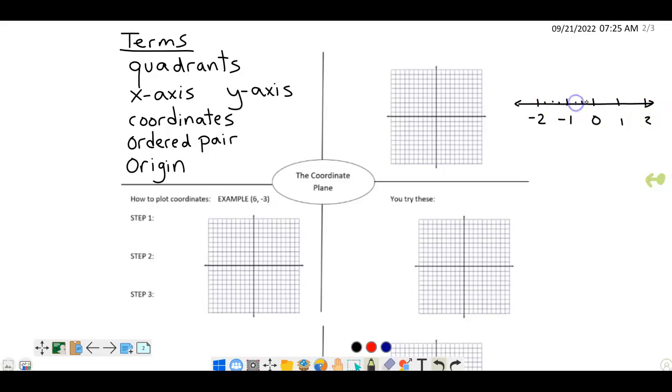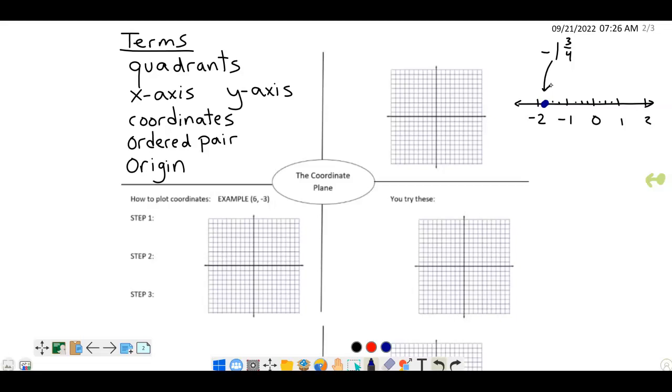So maybe this is split into fourths or thirds or something. And when we plot a point on a number line, like if I wanted to plot -1 and 3/4, we just put a point on there, don't we? So we'd pass the -1 on our way to -2. That would be where -1 and 3/4 are. So we're just basically putting a point on the line.